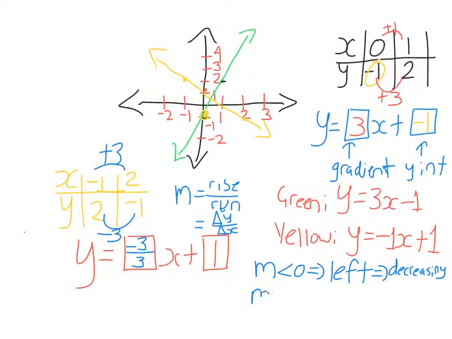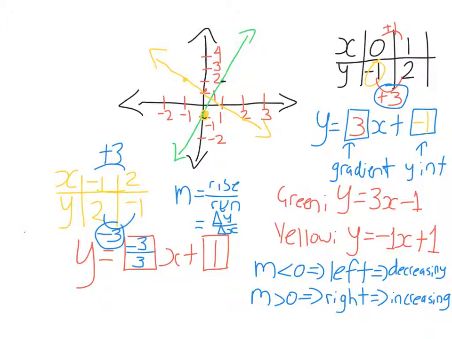The opposite is true. Positive gradient, as we saw in the green line, that leans to the right. See how the green line is leaning to the right? And that means that when x is increasing, y is also increasing. You can see that y went up when the gradient's positive, y goes down when the gradient's negative.